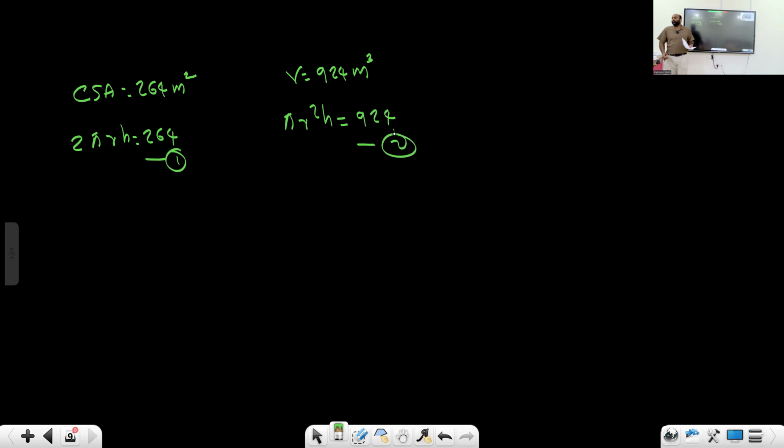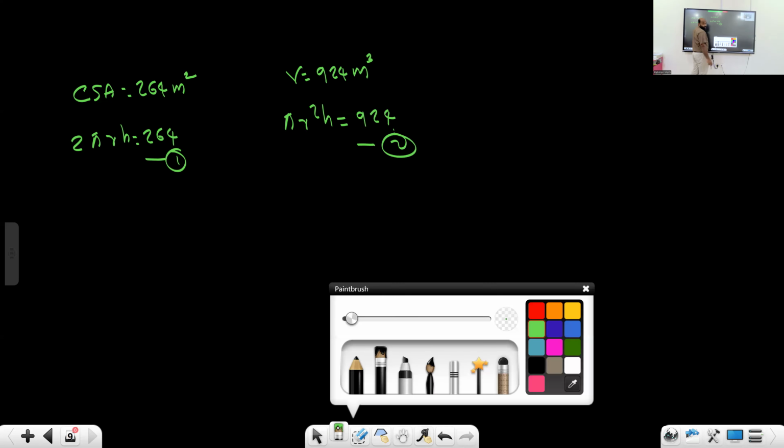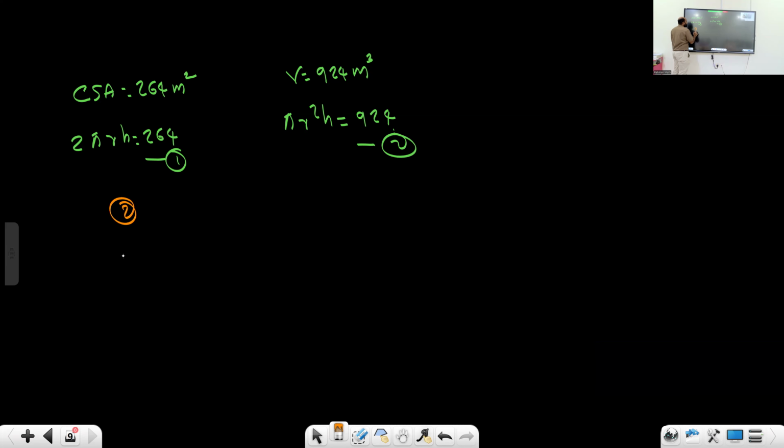Can anyone tell what to do? You cannot substitute, you don't have any value. Subtract? Not subtract. Who told you that? That's the procedure. You divide second equation by first equation, you will get something.